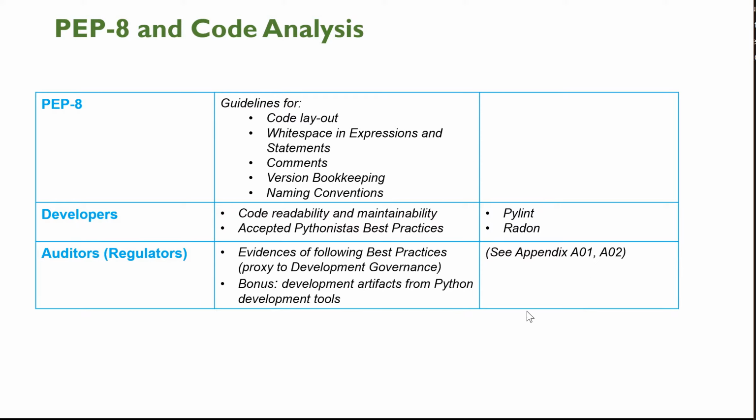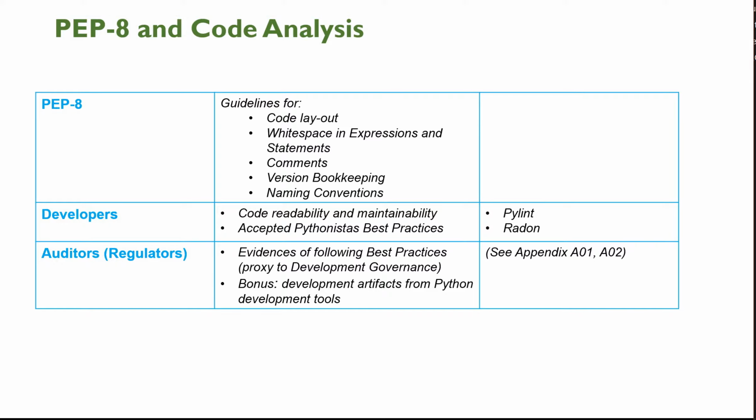You can see here the two tools that I selected to look at, Pylint and Radon. Pylint by itself is very close to PEP8. So it's a linter. The linter is to make sure that we follow the guidelines, and it does help us to make our code more readable and more maintainable.